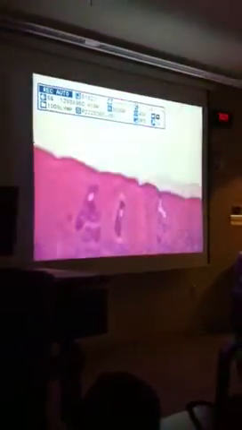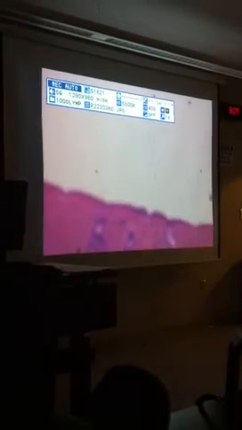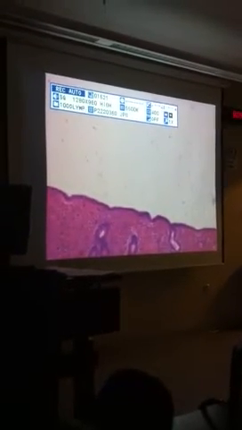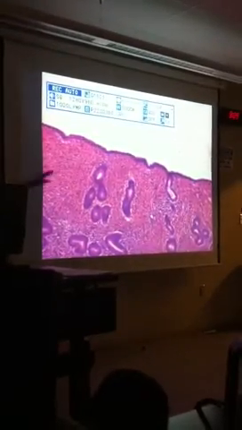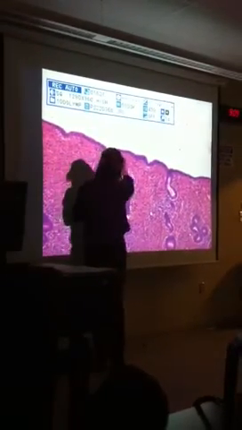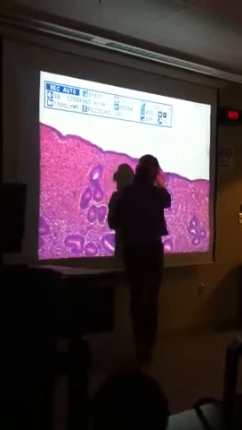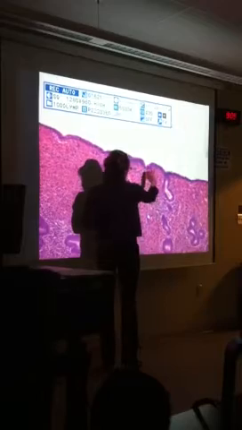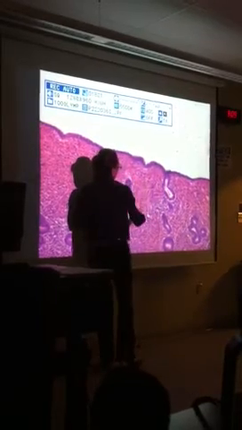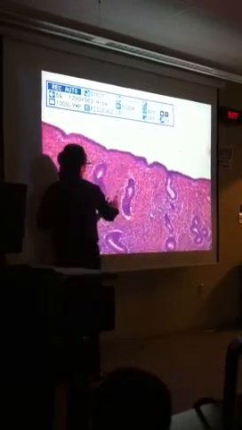So if I put it up to 10x, again, you'll see that the endometrium is going to have a layer of epithelial cells. Those are the real purple ones. And then these other cells that are underneath, different types of cells.